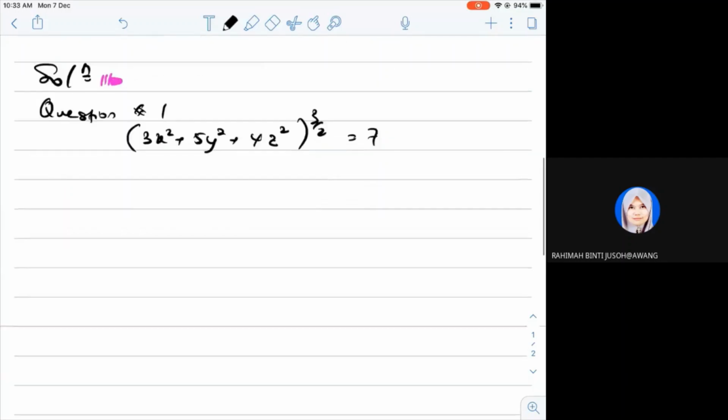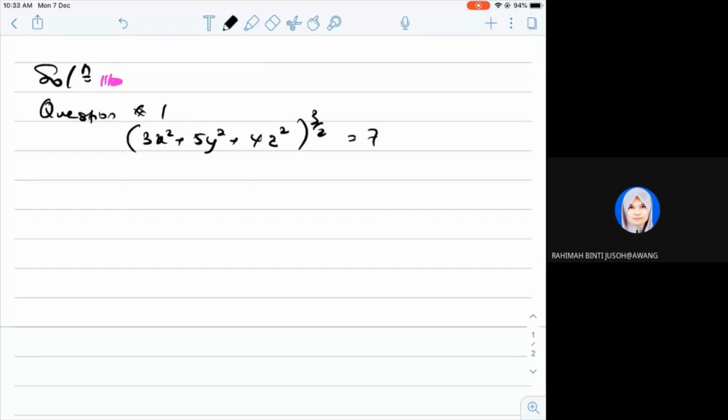I'll show you two methods. The first method is by using direct implicit differentiation.